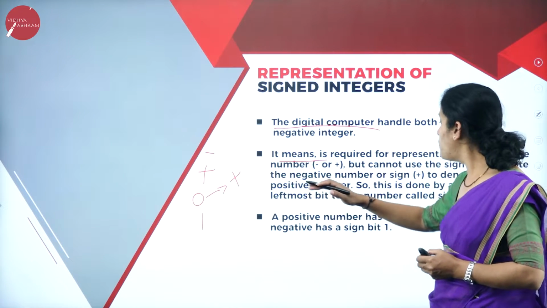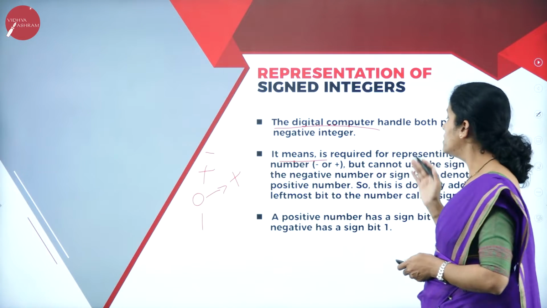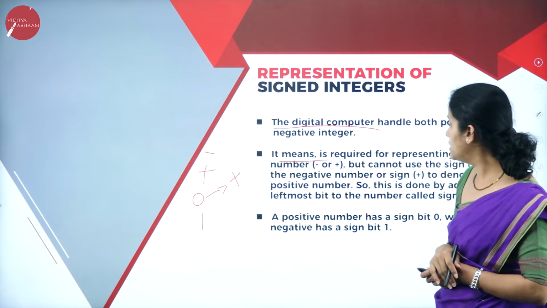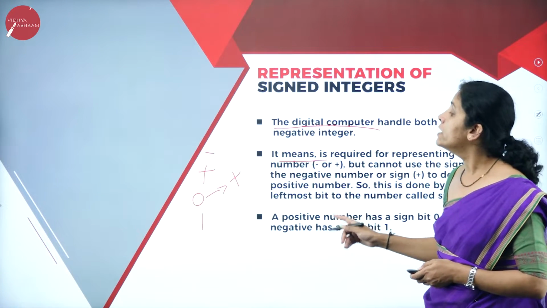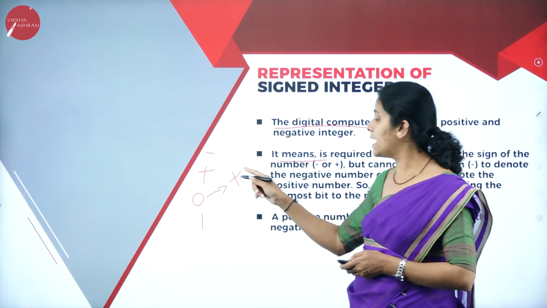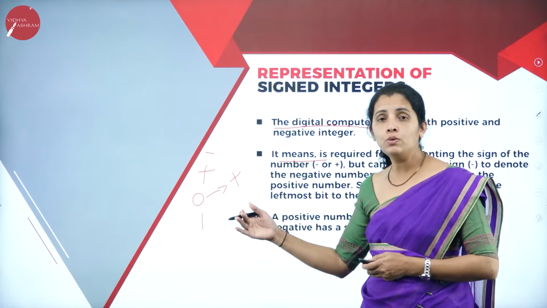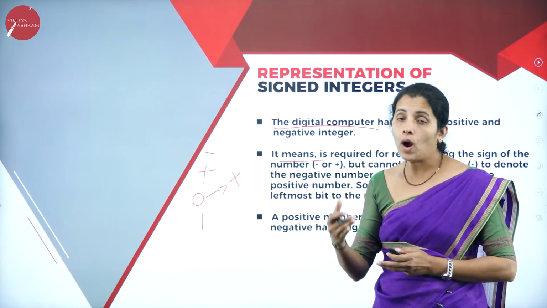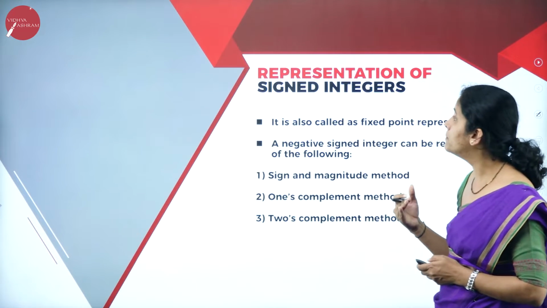So a positive number has a sign bit 0 and a negative number has a sign bit 1. If I use sign bit 0, it indicates a positive number, and if I use sign bit 1, it indicates a negative number.